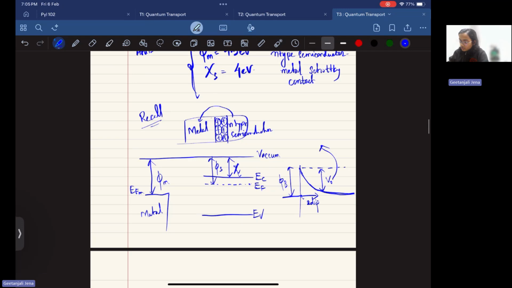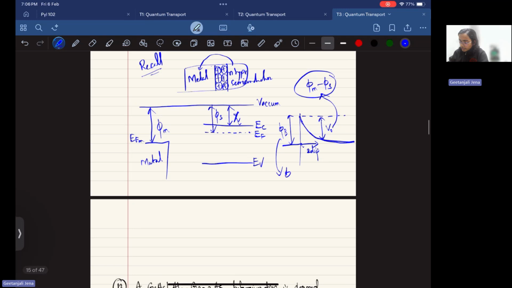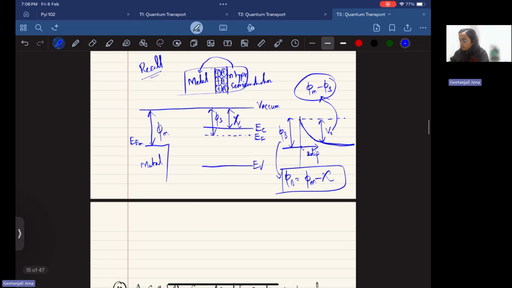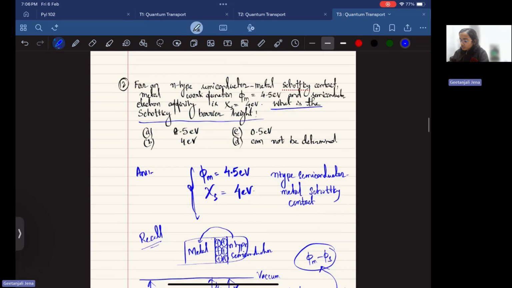So phi 0, the built-in potential, we can write as phi m minus phi s, the difference between the work functions. And the Schottky barrier height, we can write as phi m, the work function of the metal, minus chi, the electron affinity of this n-type semiconductor. These two values are directly given in the question.